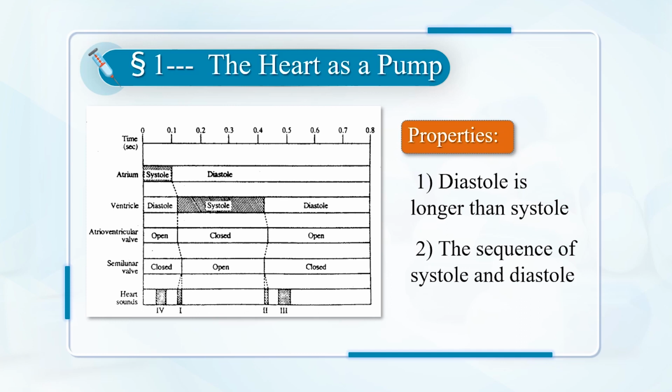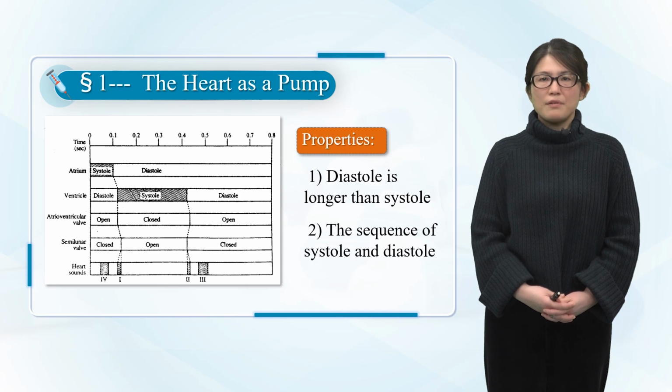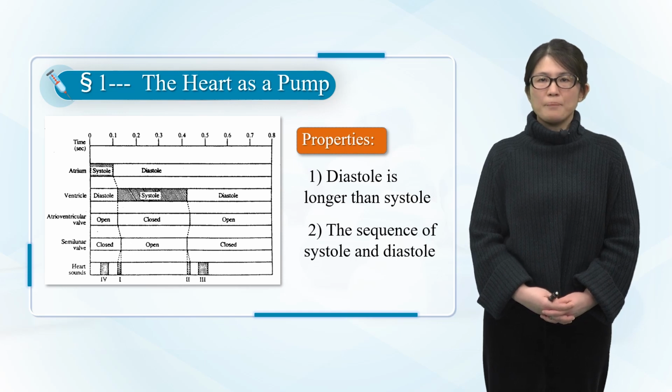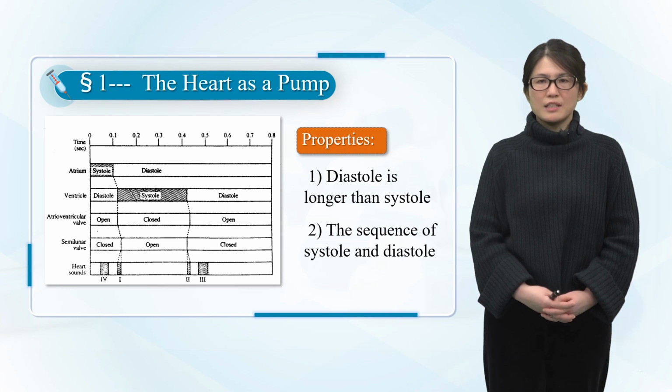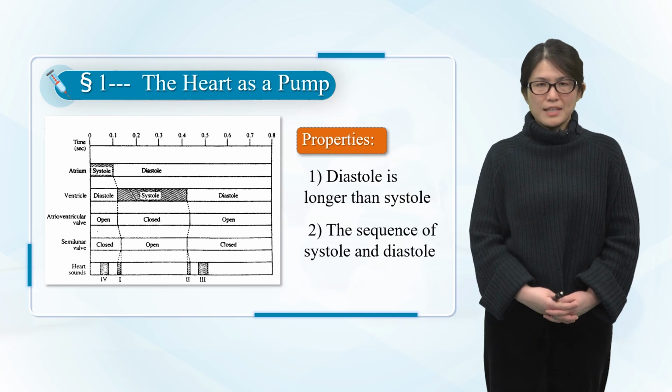The ventricle temporarily becomes a closed cavity. The period from the closing of the atrioventricular valve to the opening of the aortic valve, during which the contraction of the ventricle does not change the volume of the ventricle, is called the isovolumic contraction period, which lasts about 0.05 seconds.